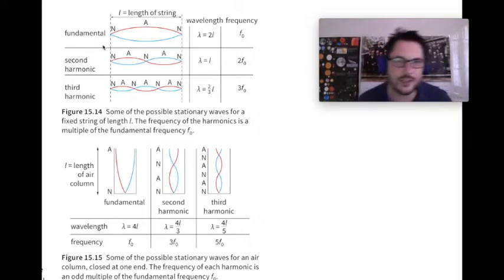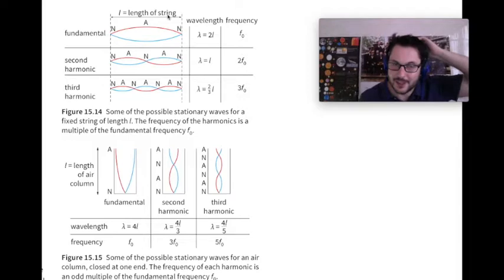Then the next stationary wave that you're going to get formed is the second harmonic, where we can see we've got one whole wavelength here, so one wavelength is equal to L. Then, when you're going at a certain frequency of vibration, we get the next stationary waveform, which is the third harmonic, and you can see here that 1.5 wavelengths is equal to L, the length of the string.